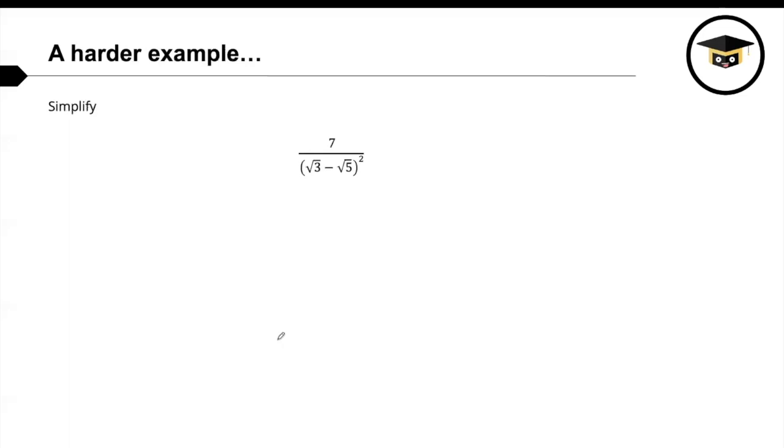Okay, so for this kind of example, we really just want to start by expanding the denominator and then seeing if we can get those two surd terms and then multiply by the conjugate. So let's quickly simplify this first. So we have 7 over, now the square, remember this is literally the a minus b all squared formula, which gives us a squared plus b squared minus 2ab.